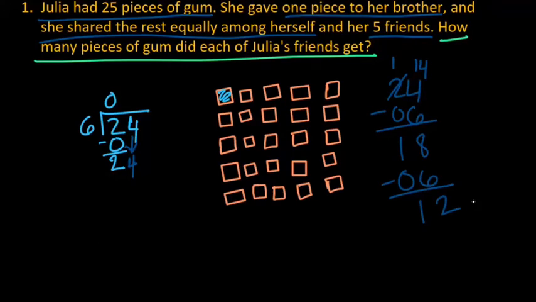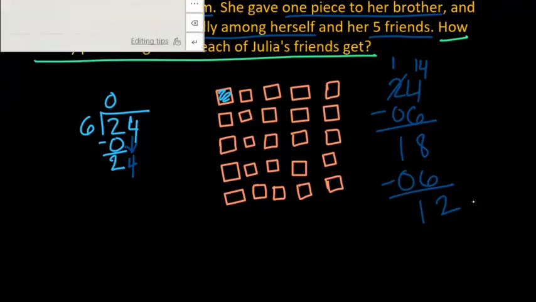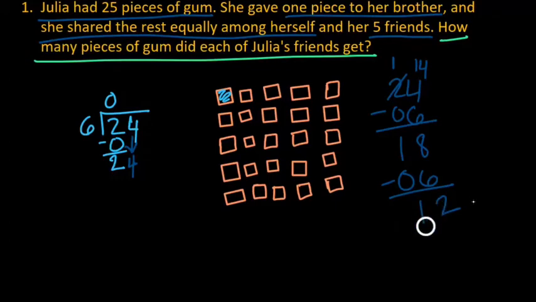And again, we subtract 6 from 12. 2 minus 6, you can't do that. So you borrow. This becomes a 0, and this becomes 12. Okay, 12 minus 6 is equal to 6. So now you got 6.